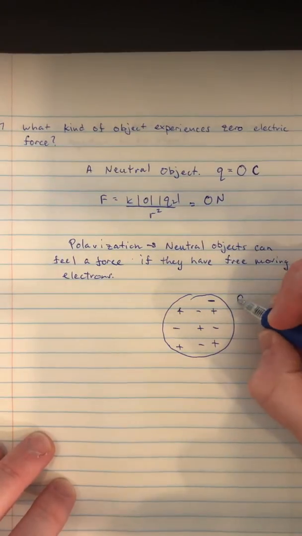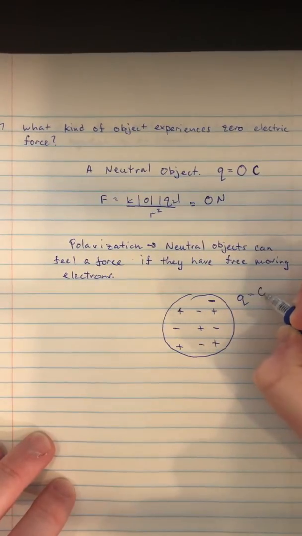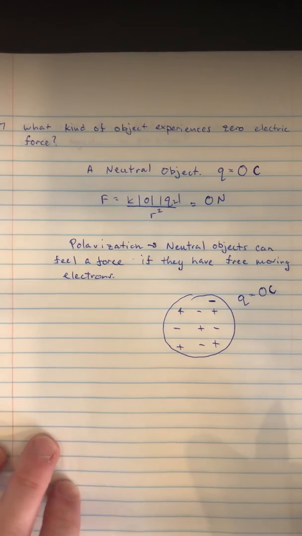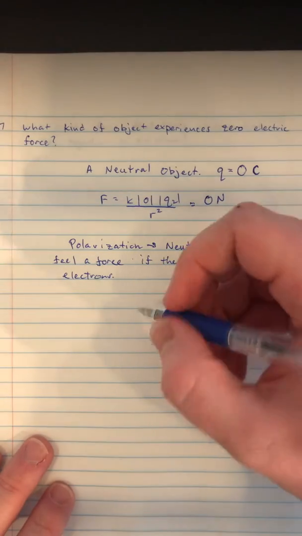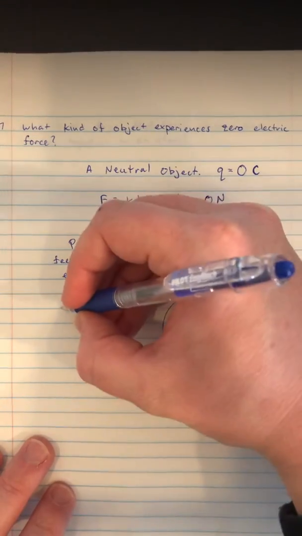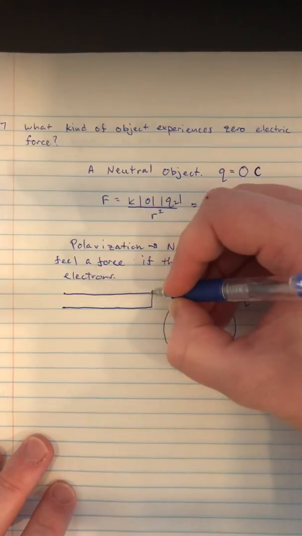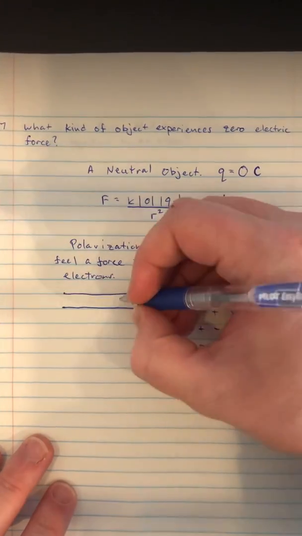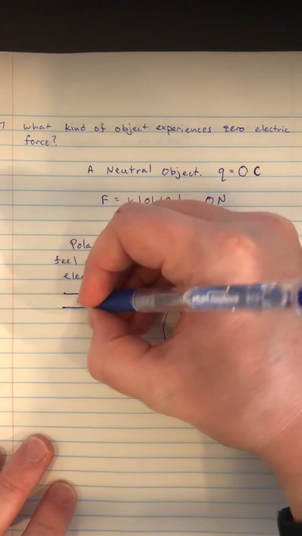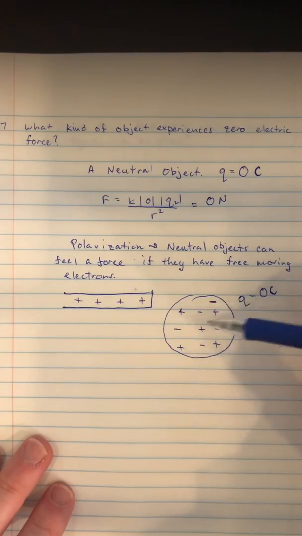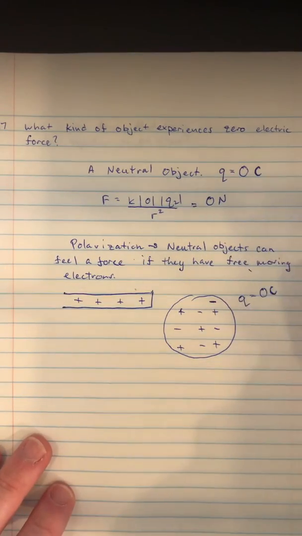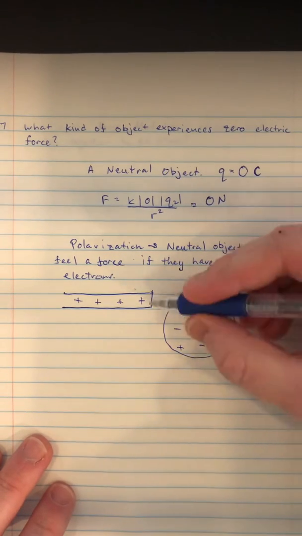So the charge is 0 coulombs. Everything's canceling out. But if we bring something that is positively charged close to it, like a stick or something that's positively charged, well, if they have free moving electrons, the negative charges are free moving, how do positive and negatives interact?